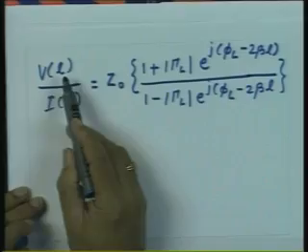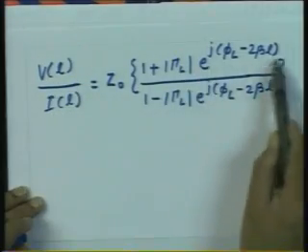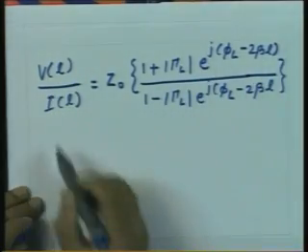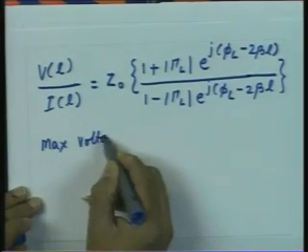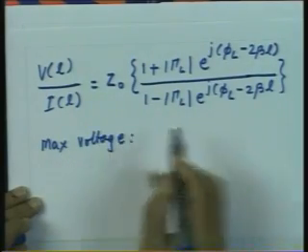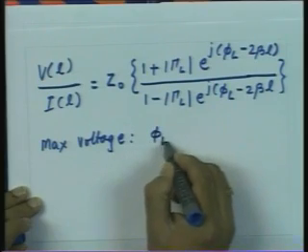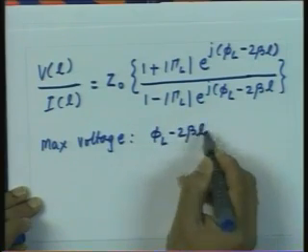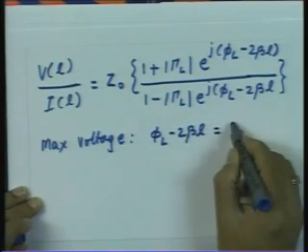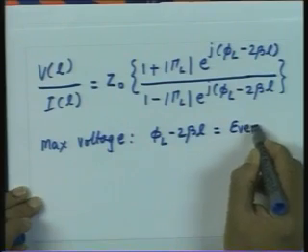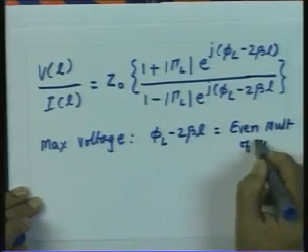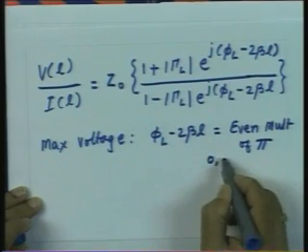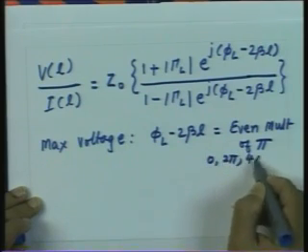And when voltage is maximum or minimum, this quantity is plus 1 or minus 1. So, for maximum voltage, phi L minus 2 beta L is an even multiple of pi, that is, it is 0, 2 pi, 4 pi and so on.